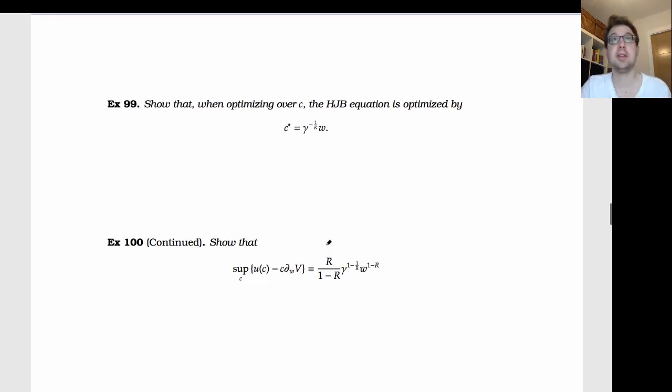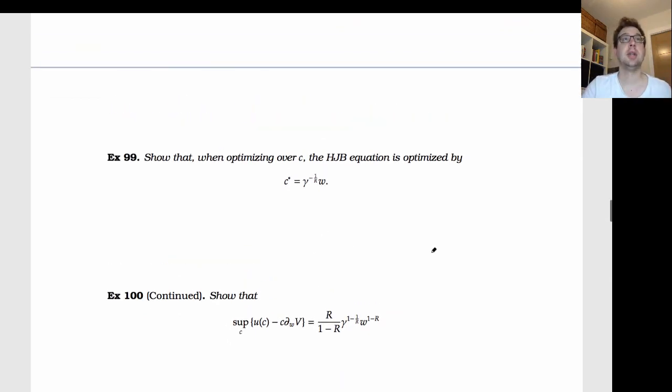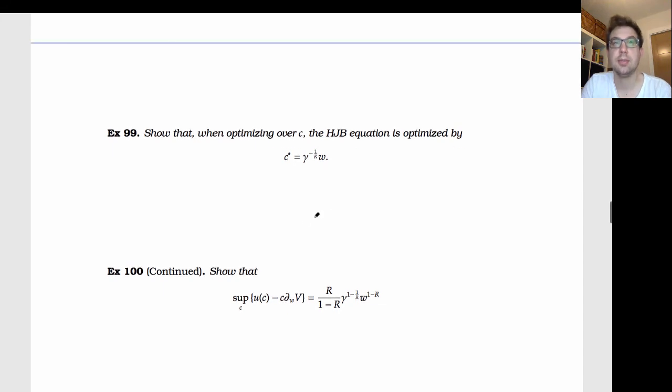So now we're going to look into the consumption part. Here we show that when optimizing over C, the HJB equation is optimized by C star, which is equal to gamma to the power of 1 over r times w.